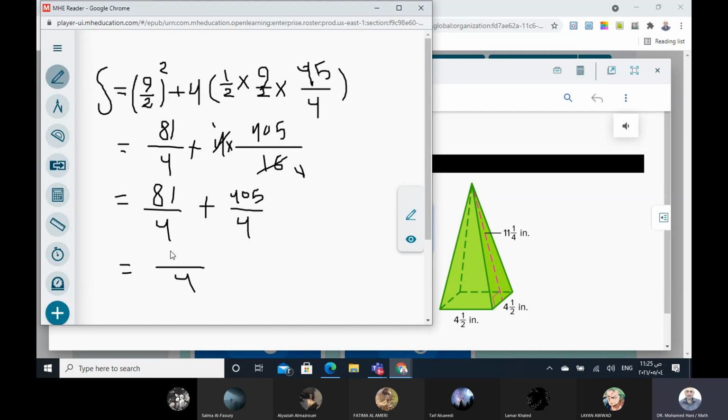The answer will be 486 over 4. We can divide here. So the answer will be 121.5 inch squared.